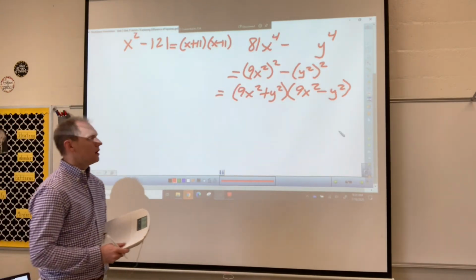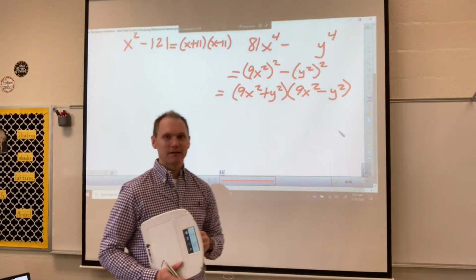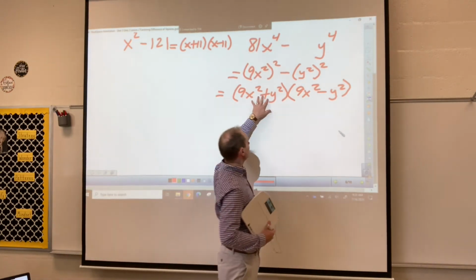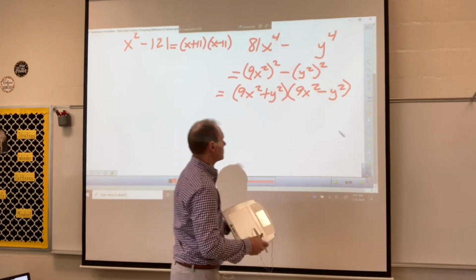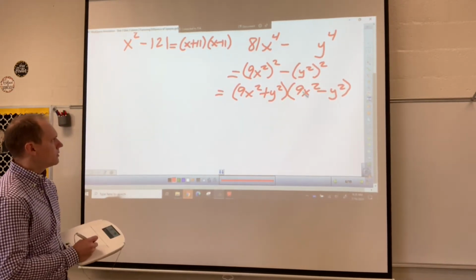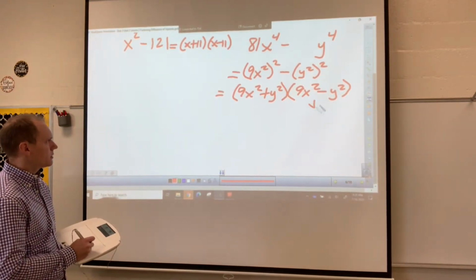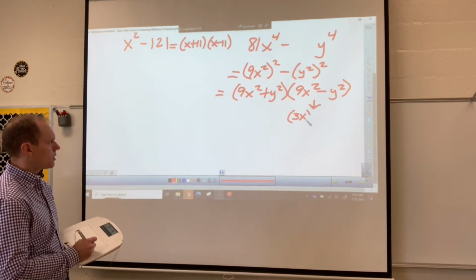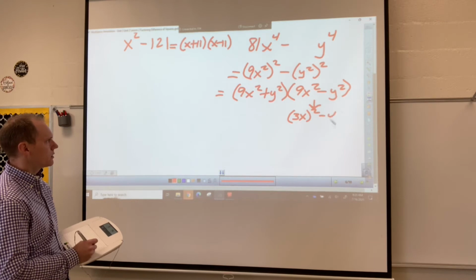All right. Are we done at this point? Yeah, we can actually take this one step further. We cannot factor this one, but yet we can factor this one here. So, if we think about this one here, it's going to be 3x quantity squared minus y squared.